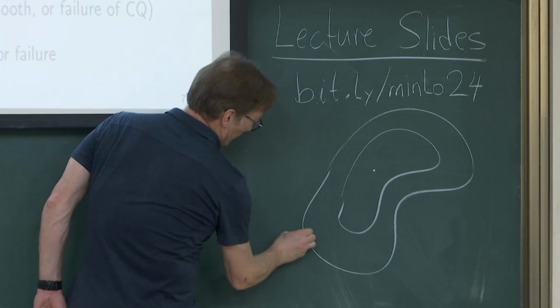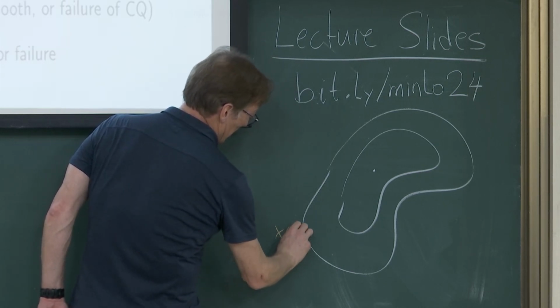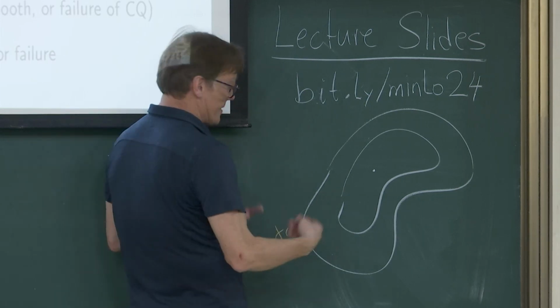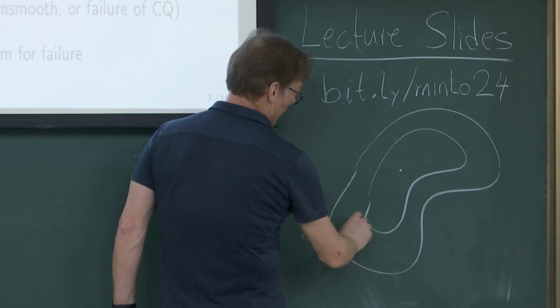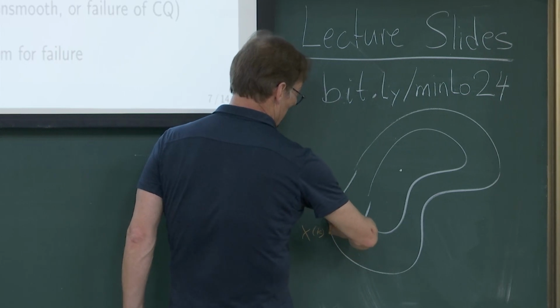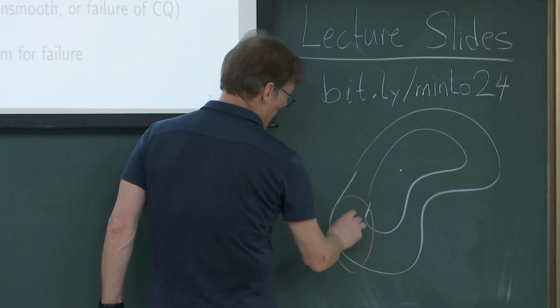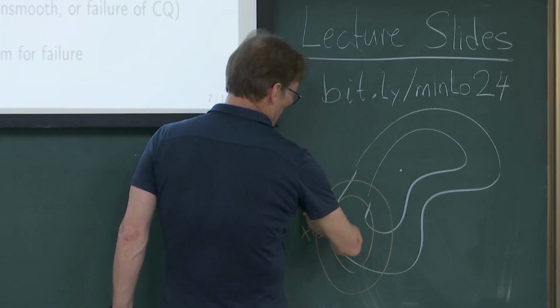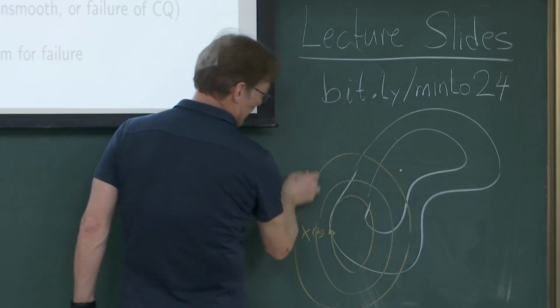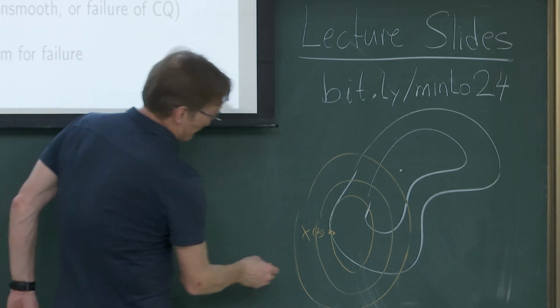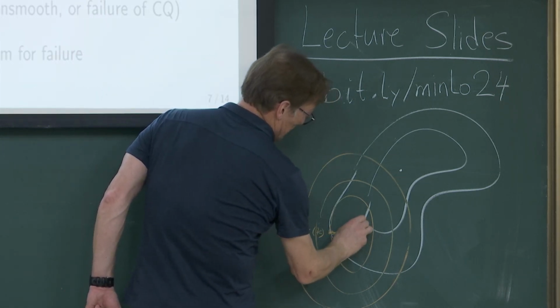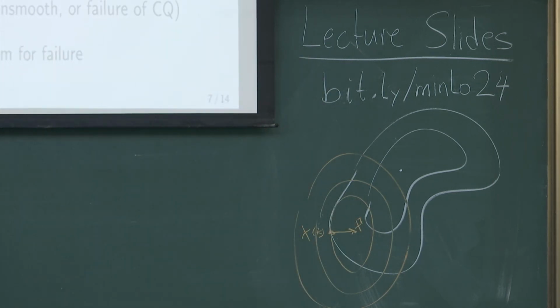You might be at a point here. This is your xk there, and you construct a second order model around this point. So you construct some kind of, these are supposed to be ellipses, so they're nice ellipses. And then you move to this point x hat.